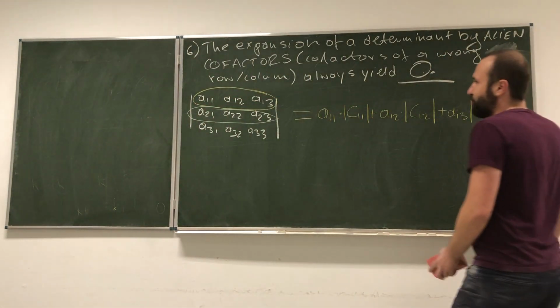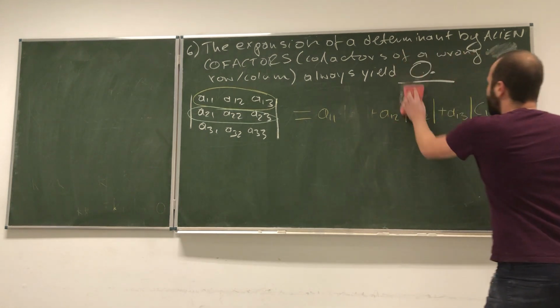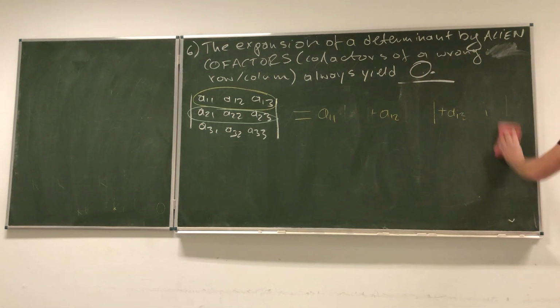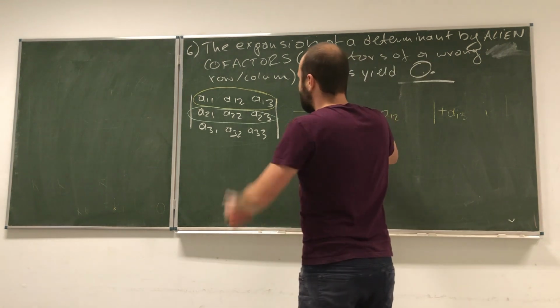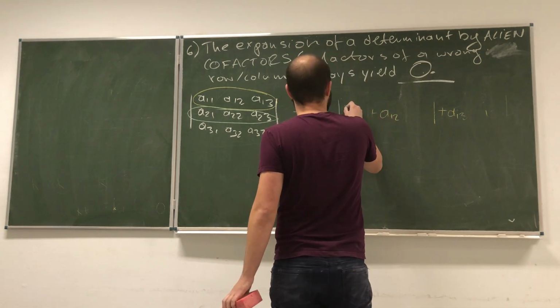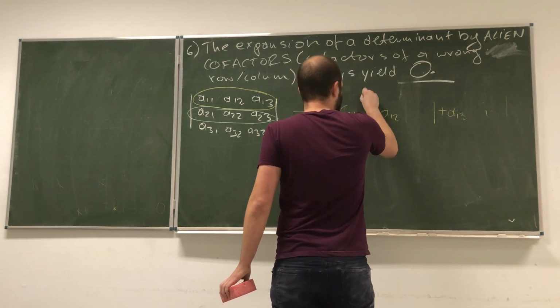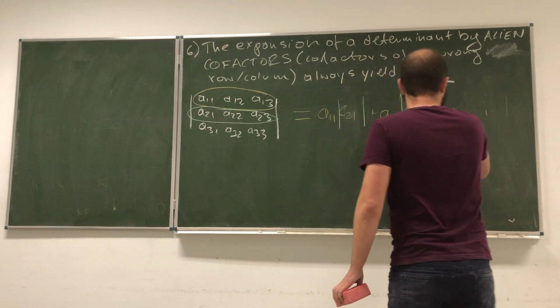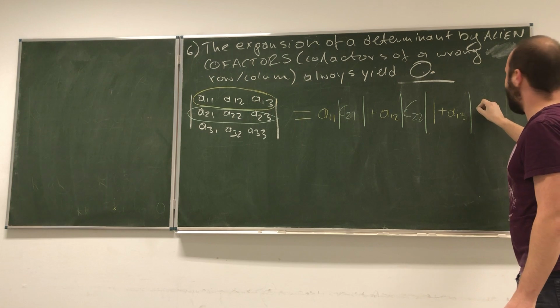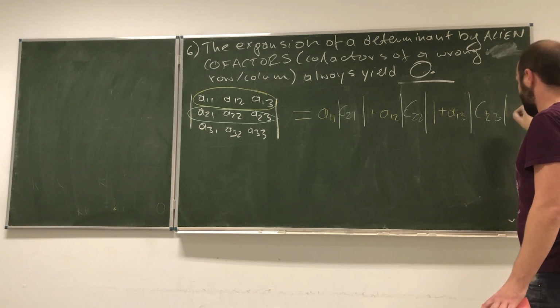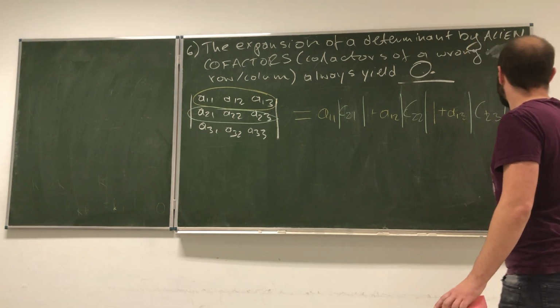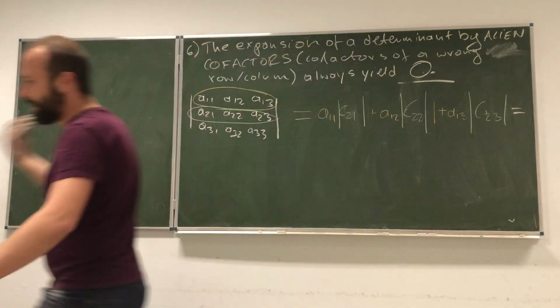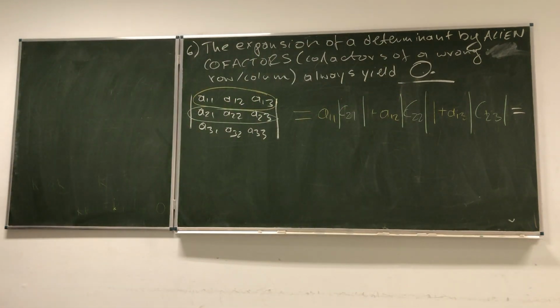So what would change? Well, those cofactors here are gone, and I'm going to use cofactors from the second row. So I'm going to get C21 plus A12 C22, and here we would have C23. Okay, now let's see what I am going to get after the multiplication.